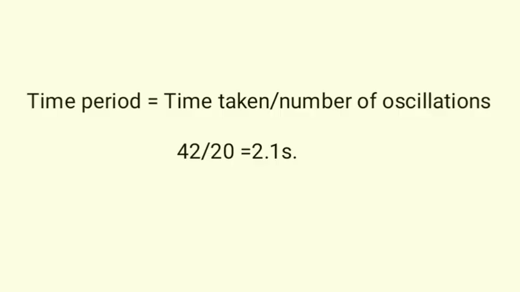So time period is equal to time taken divided by number of oscillations. So how much time taken? 42 seconds divided by 20 oscillations is equal to 2.1 seconds.